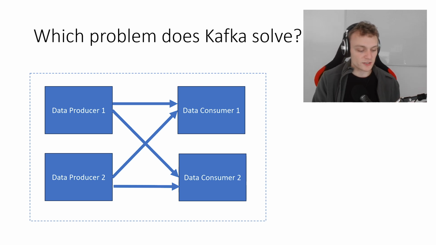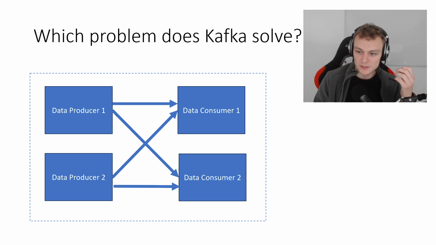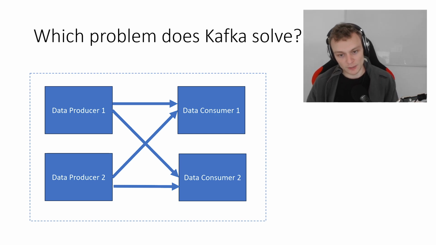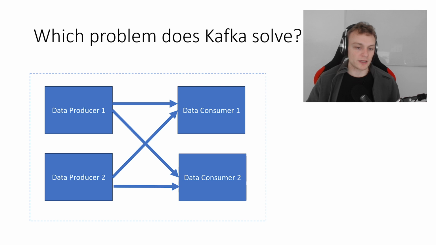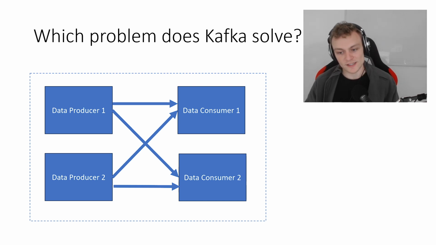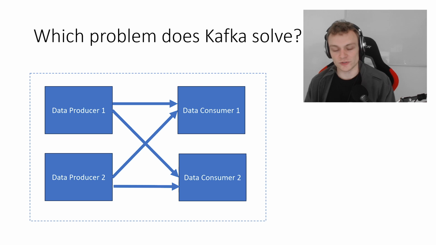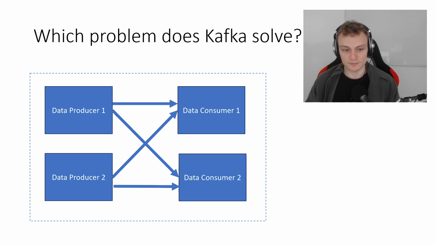Data producers are, for example, sensors that measure the weather, or it might be users chatting, user messages. It might be images that are uploaded to your application. It might be emails. It might be anything that is produced by some external input. On the other hand, consumers consume data.